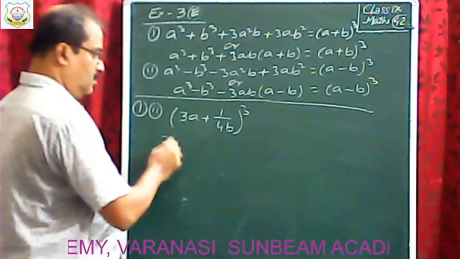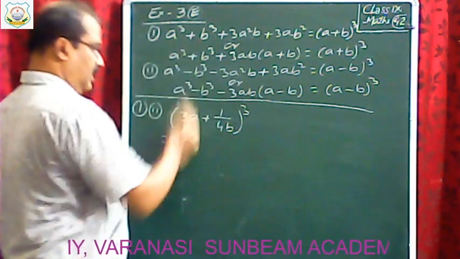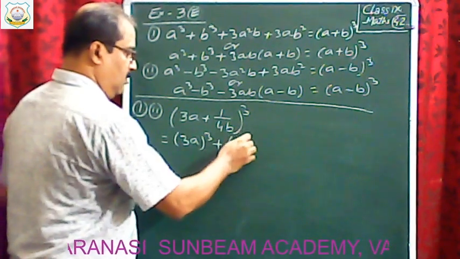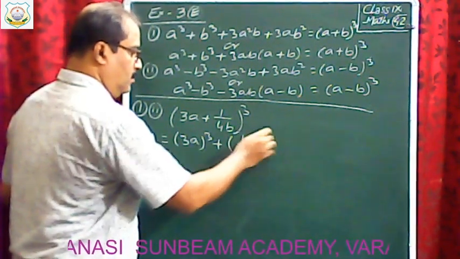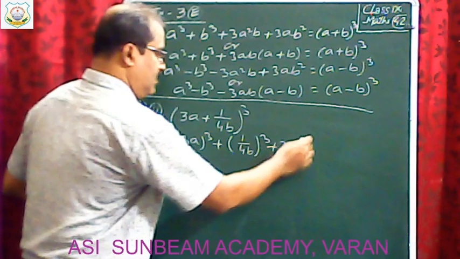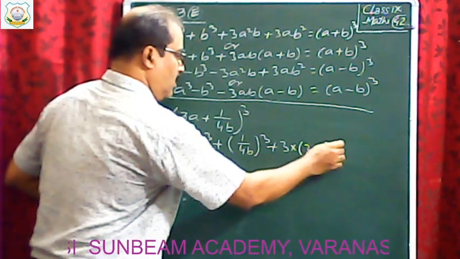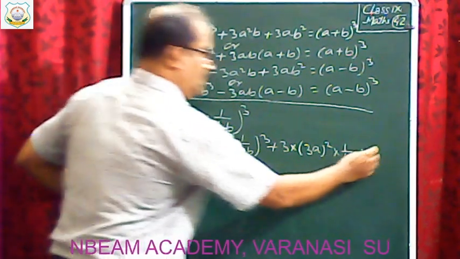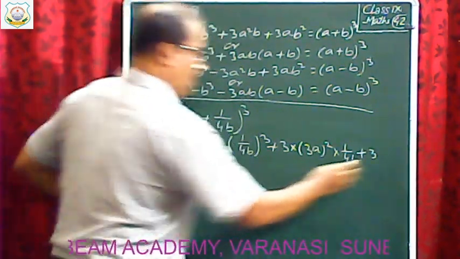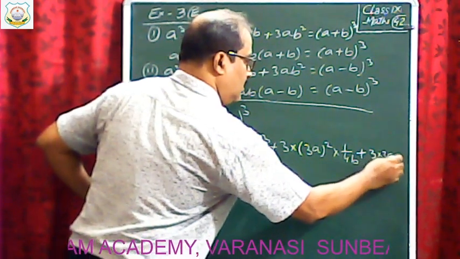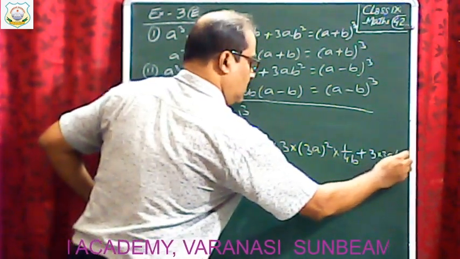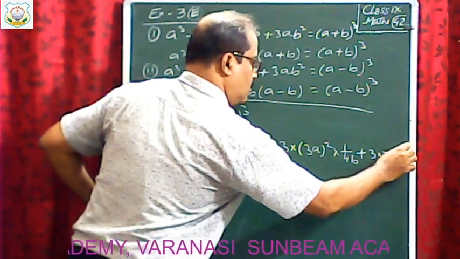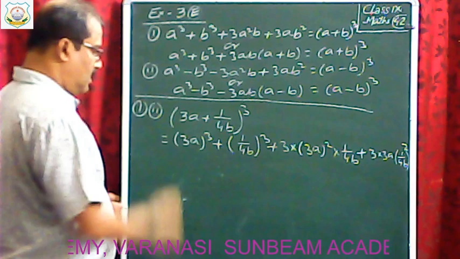We have to write a plus b whole cube equal to a cube, 3a whole cube, plus b cube, 1 upon 4b whole cube, plus 3 into a square, so 3a whole square into b, 1 upon 4b, plus 3ab square. a means 3a and b means 1 upon 4b whole square.